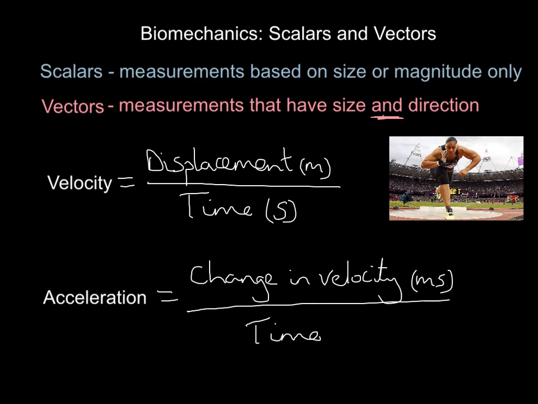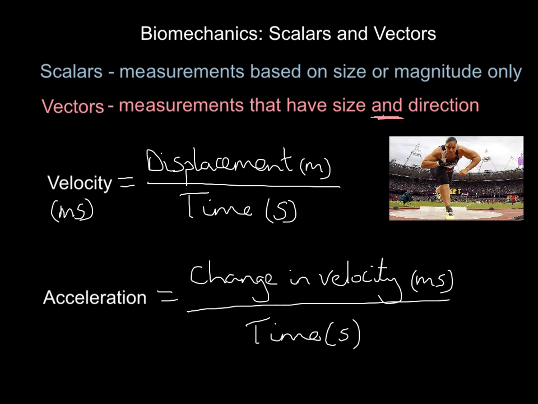Now, something I should add just before I go to acceleration is, because displacement is measured in meters and time is measured in seconds, velocity is measured in meters per second. Where does acceleration differ to this? Acceleration is the change in velocity in meters per second divided by time in seconds.